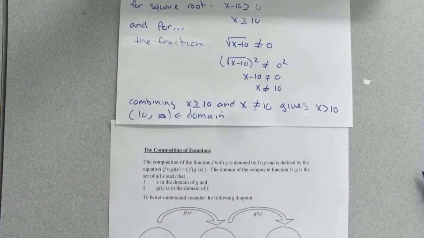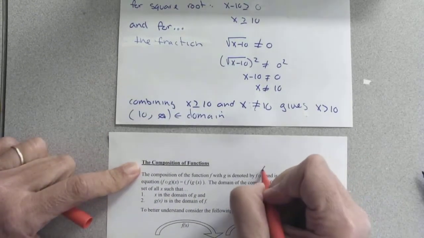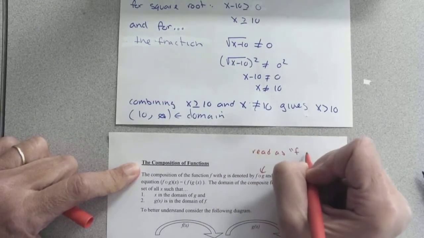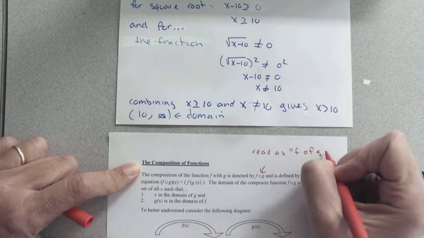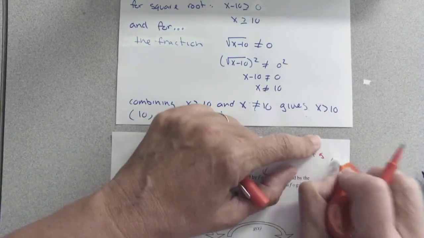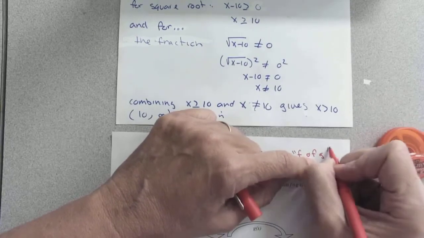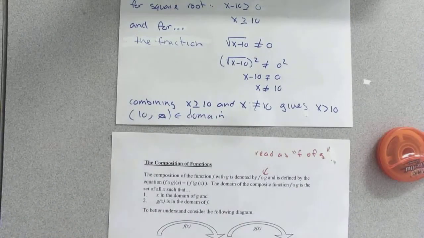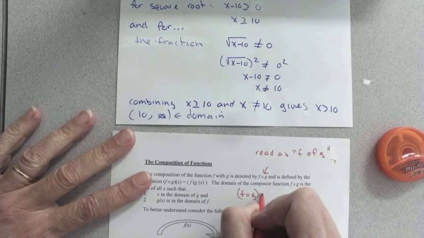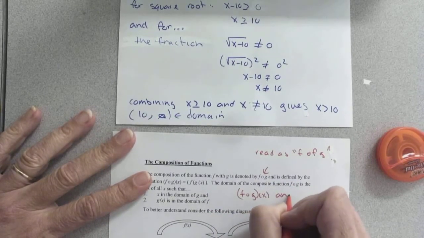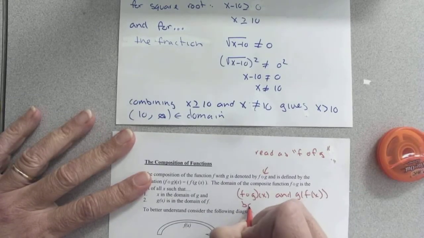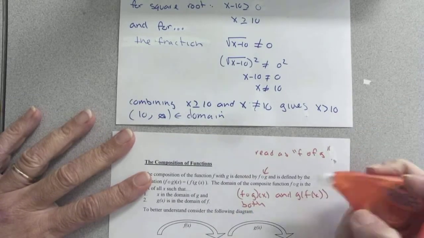That is read f of g, f of g. That's how that's read. And then both of these guys, f of g of x and g of f of x, I wrote that in the wrong order.